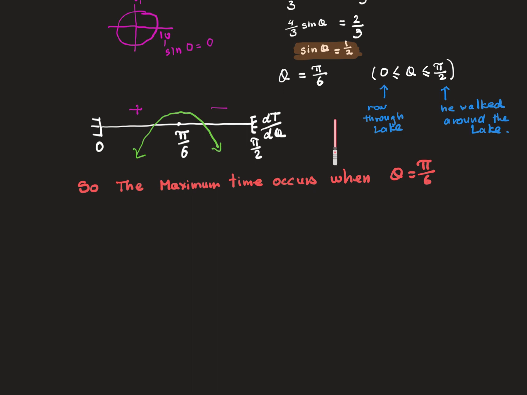The shortest time will be either when he's rowing through the lake at theta equal to 0, or when he's walking around the lake at pi on 2.